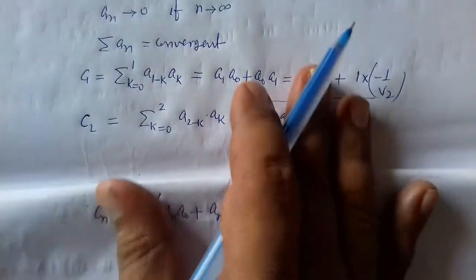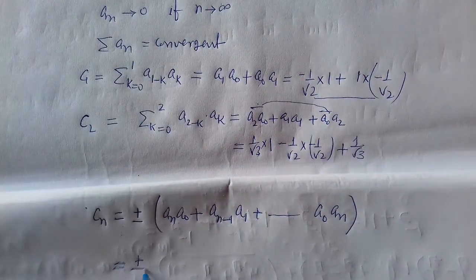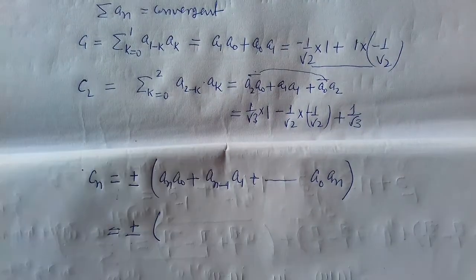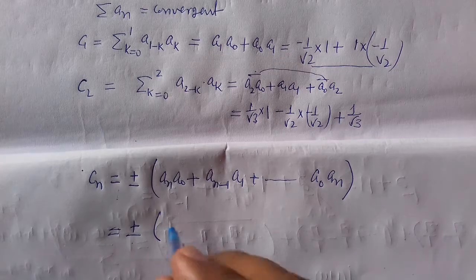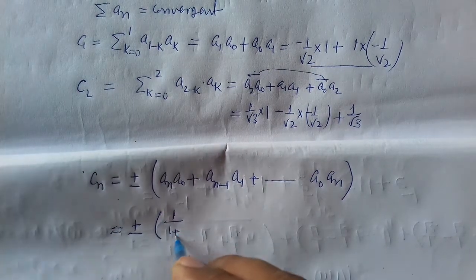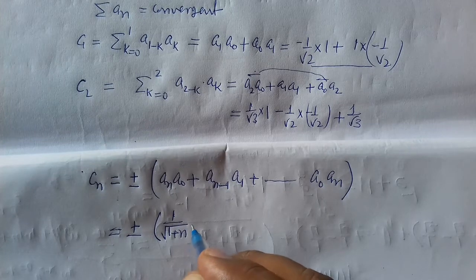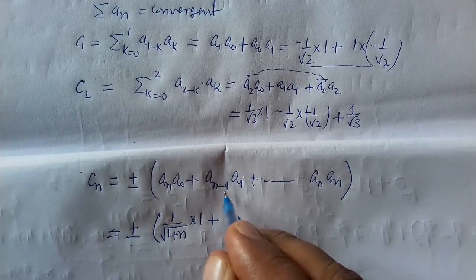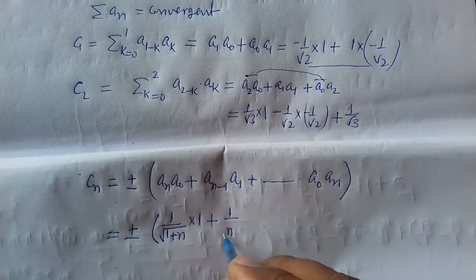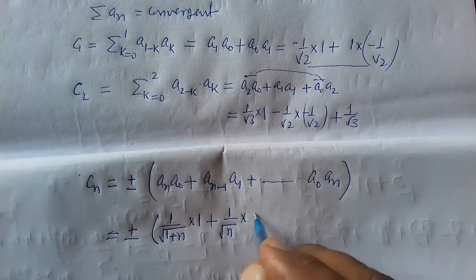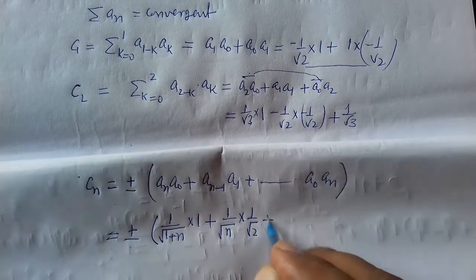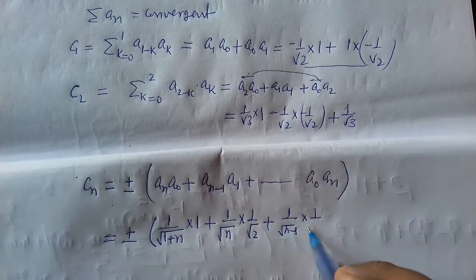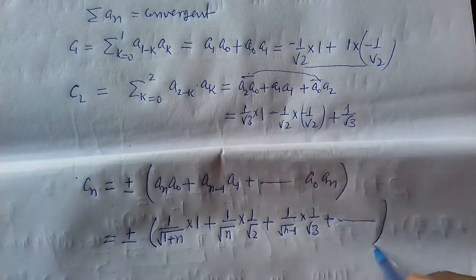Leaving the sign aside, which is plus or minus, an will be 1 by root of 1 plus n into a0, which is 1, plus an minus 1, which is 1 by root n into a1, which is 1 by root 2. In the same way, here 1 by root of n minus 1 into 1 by root 3, and so on.